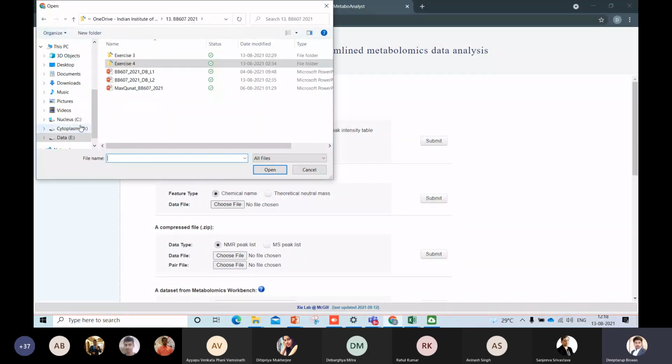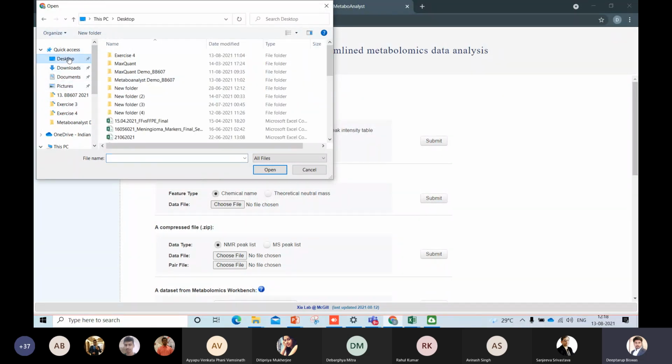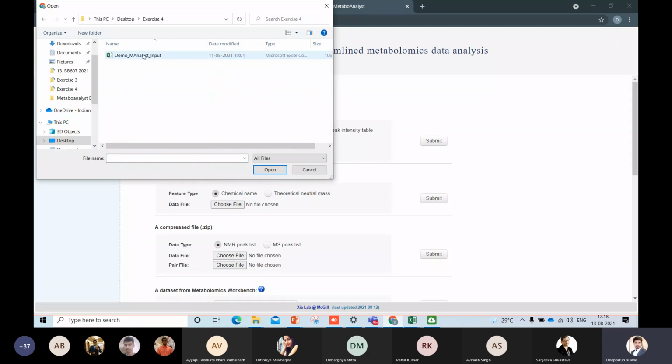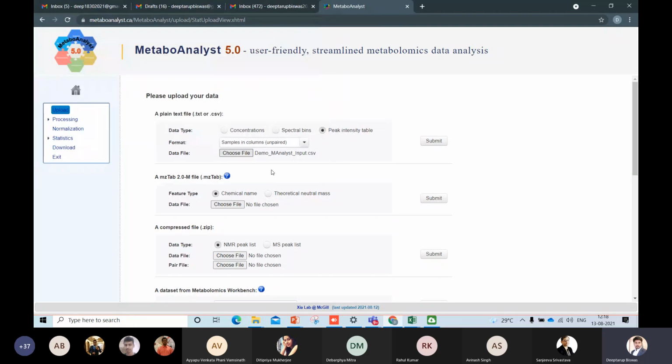So I request all of you to use the exercise 4 file that has been shared with you. I am using the demo file. You can use the demo file also, but it will be good if you use the exercise 4 file only, because the quiz is based on that one.